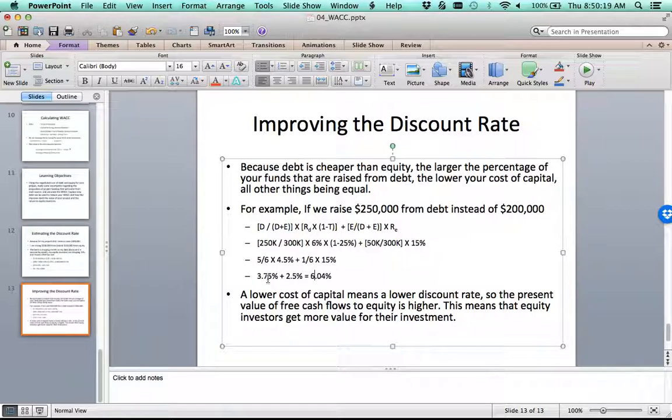So we would add those two together, 3.75 plus 2.5 becomes 6.25. Okay, and I'll save that.